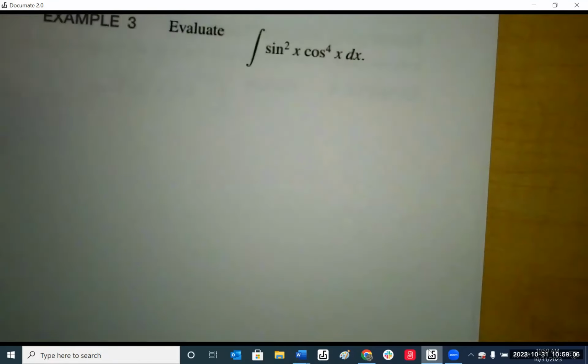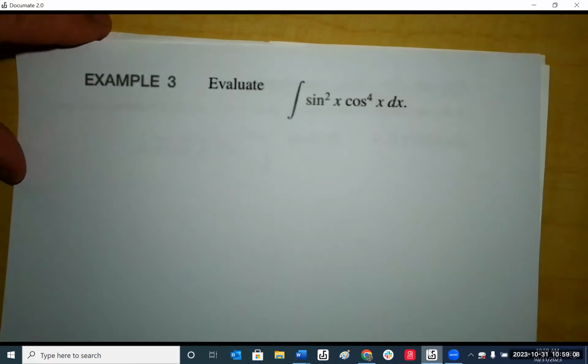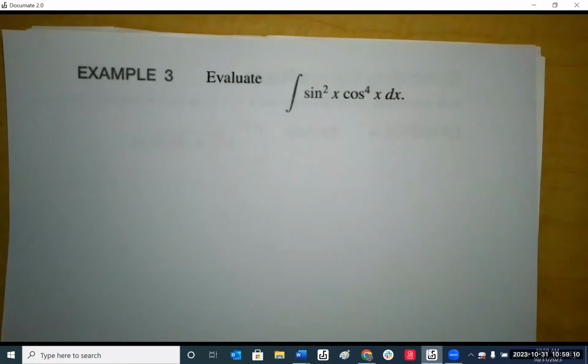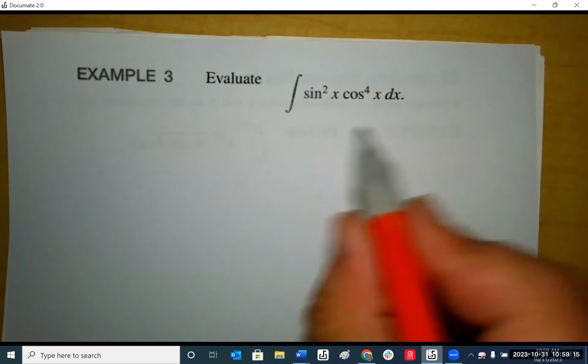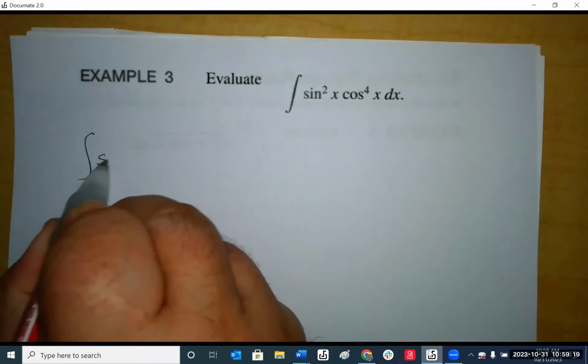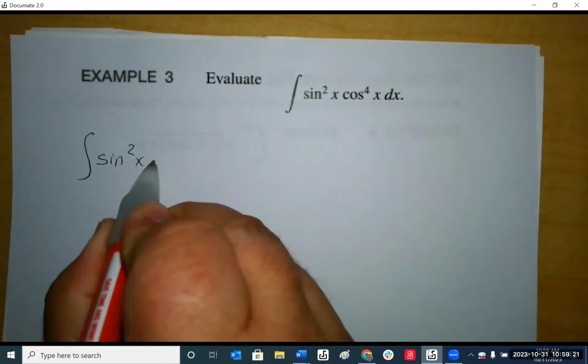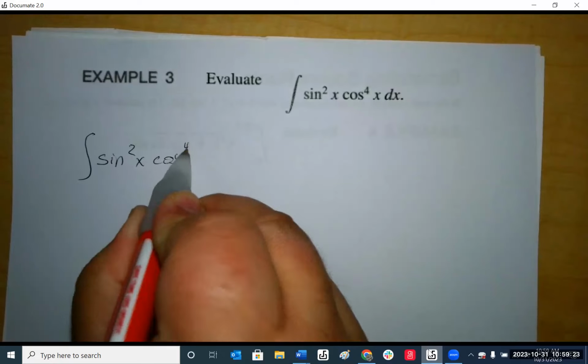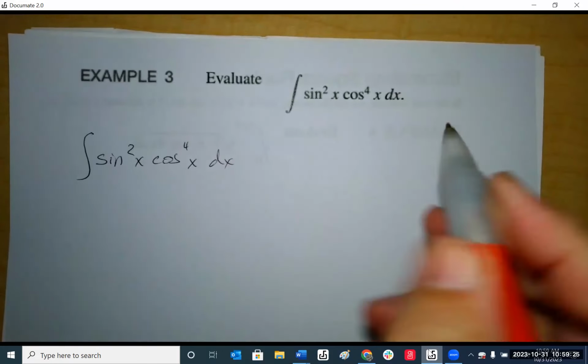All right, let's look at number 3. Where's example 3? Here it is. Evaluate this one. So we have the integral of sine squared x cosine to the 4th x dx.